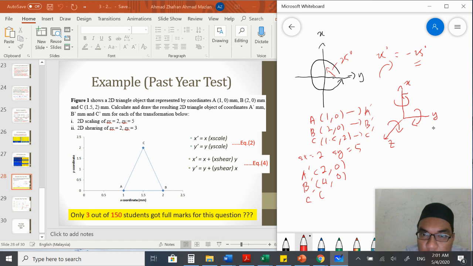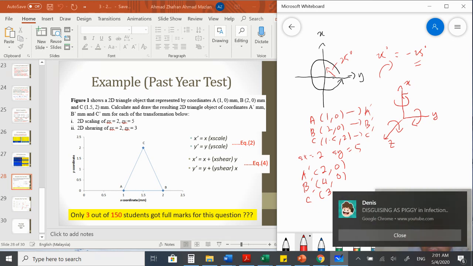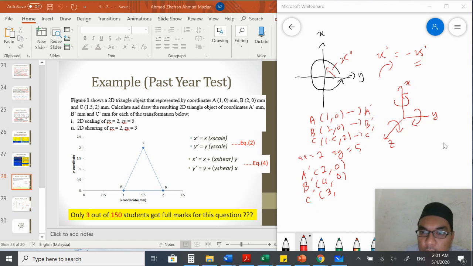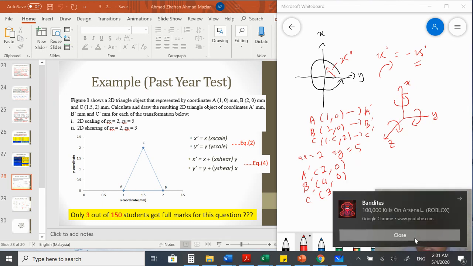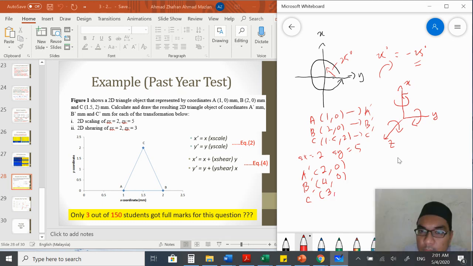For the C, 1.5 multiplied by 2 is 3, and 2 multiplied by 5 is 10.